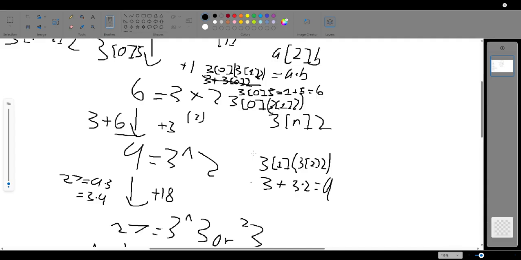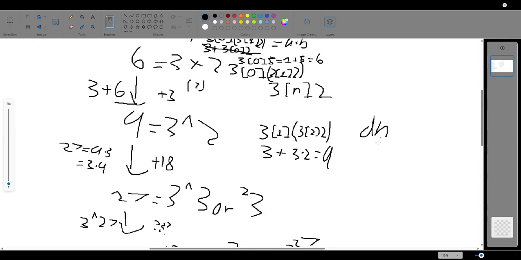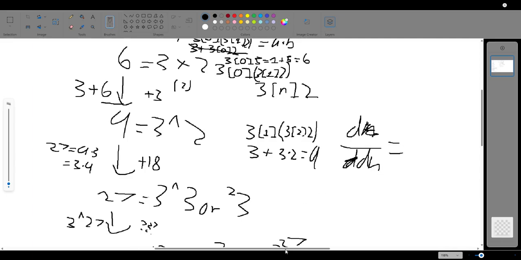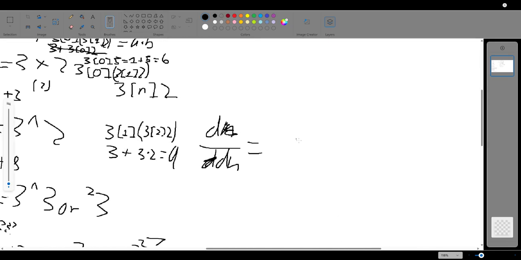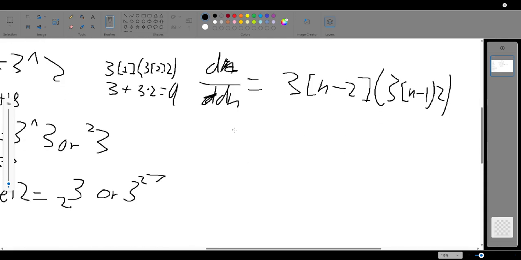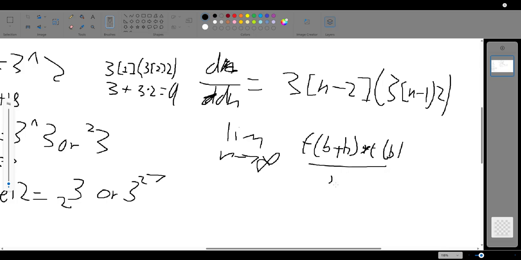So then, overall, dn over d over dn equals 3n minus 2n minus 1 2, because that totally follows the real definition of f(x plus h) minus f(x) over h.